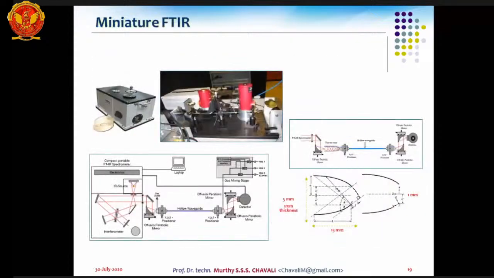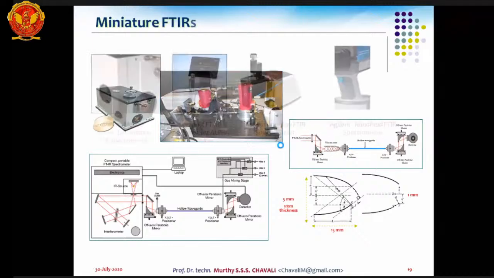We started with a miniature setup for FTIR where we used the interferometer for analysis, but actually we removed that by adopting hollow waveguide technology and incorporating another Winston cone. This simple module has been converted into a small 10 centimeter unit for FTIR analysis with the same source as well as the same detector that we use in commercially available sensors.